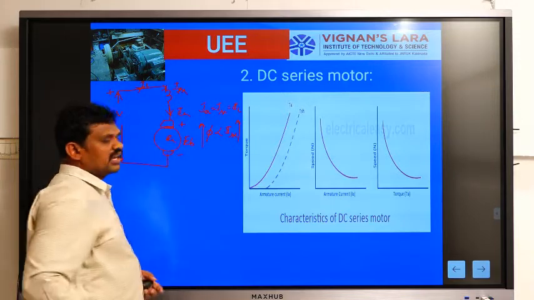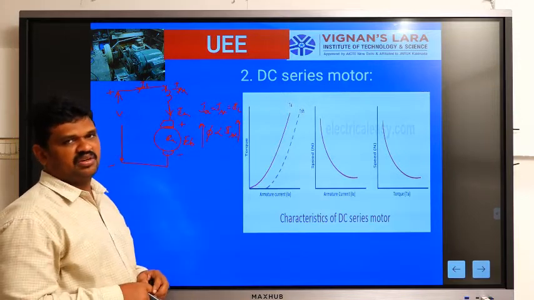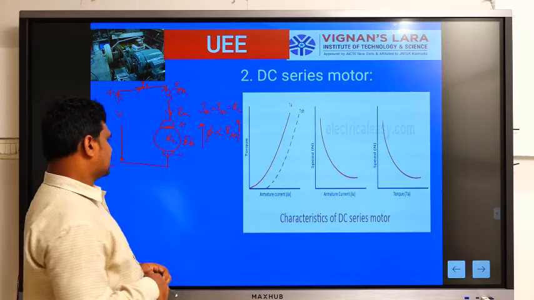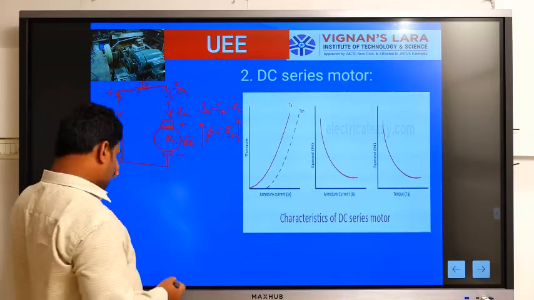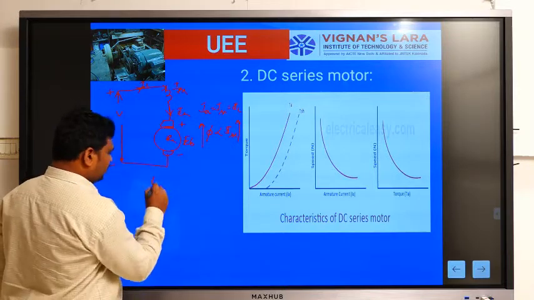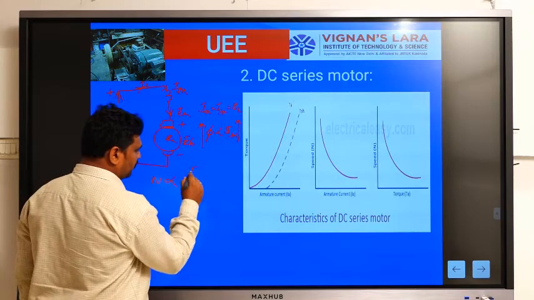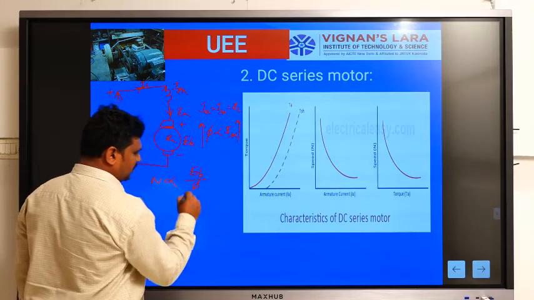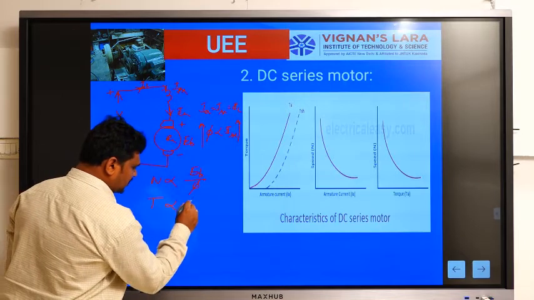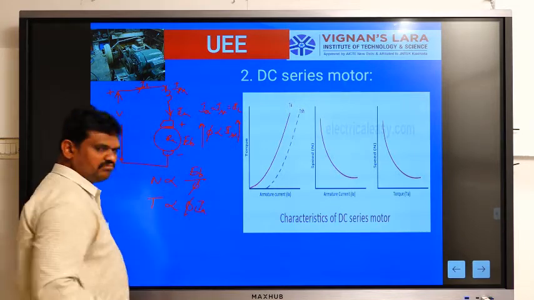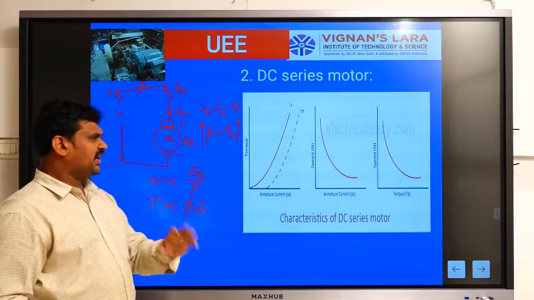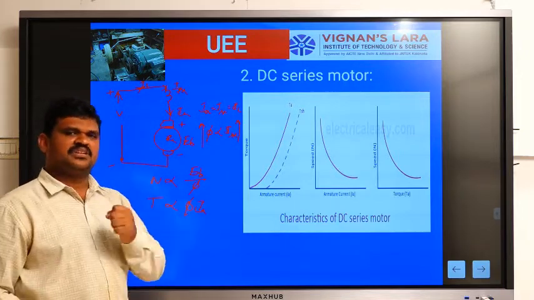Because the load current, or armature current, or series field current increases. So we apply the same formulas only. Already we know that N is proportional to EB by phi. That is the first formula. The torque is proportional to flux into armature current. By using these two formulas only, we explain the characteristics of DC machines.